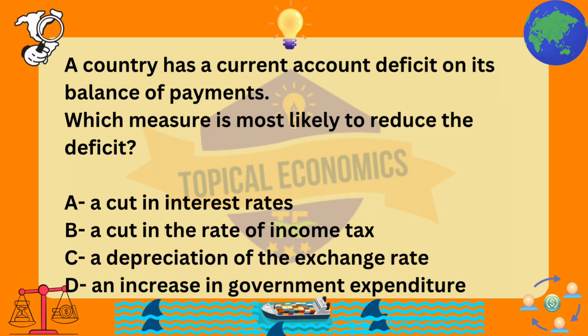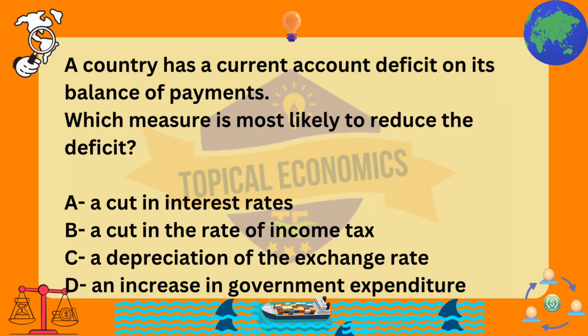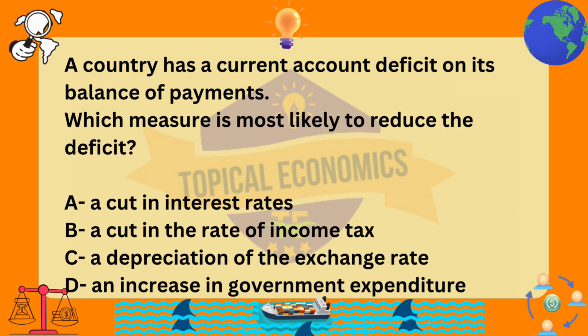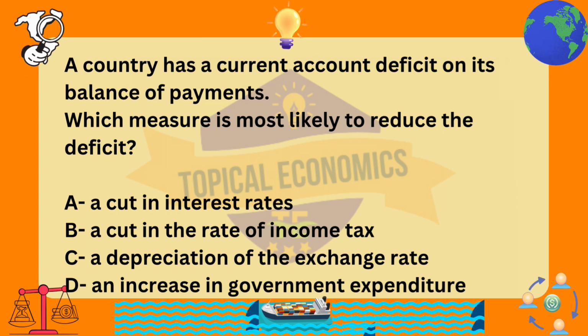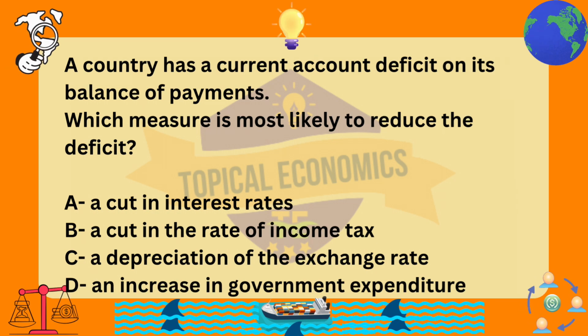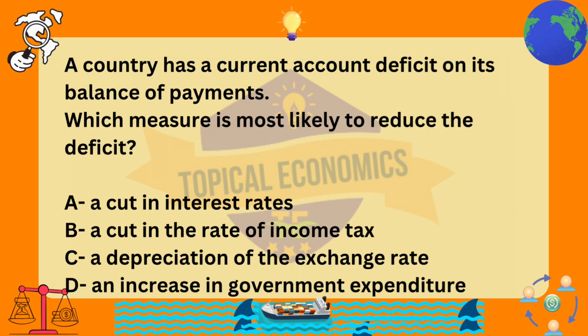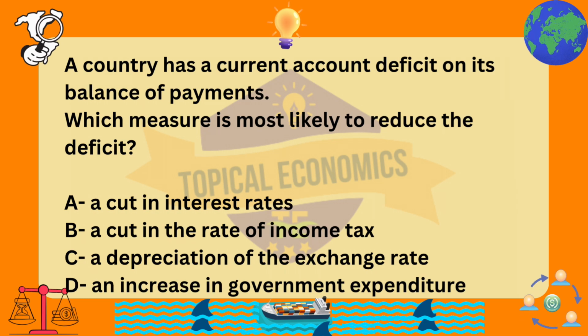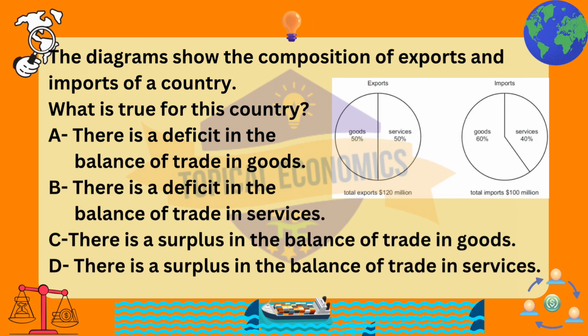When a country's exchange rate depreciates, that is, its currency becomes weaker, exports become cheaper for foreign buyers, which can increase the demand for domestic goods and services abroad. Simultaneously, imports become more expensive for domestic consumers, which tends to reduce the demand for foreign goods. Both of these effects help to reduce the trade deficit, thus improving the current account balance. Moving to the 8th question.